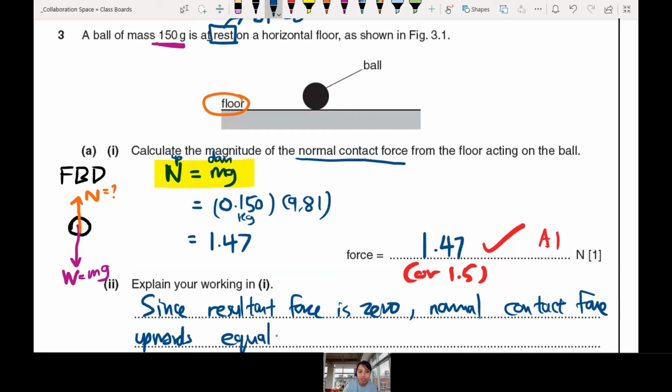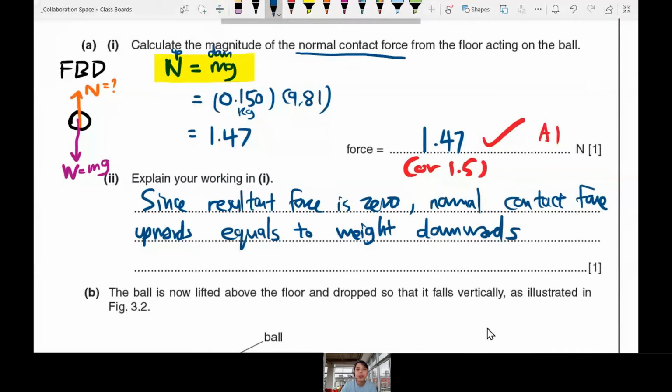Equals the weight downwards. So opposite direction, one points up, one points down. Hence, you make them equal to each other. Normal contact force upwards equals weight down, resultant force 0.